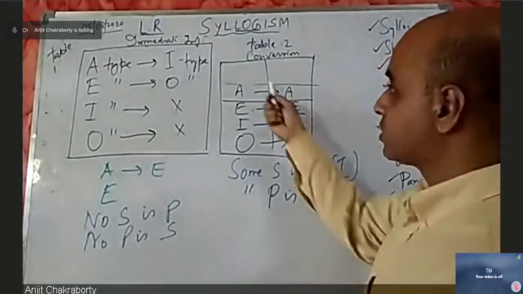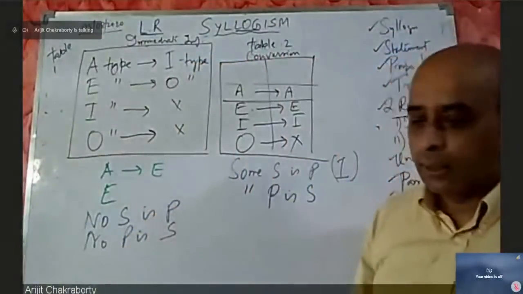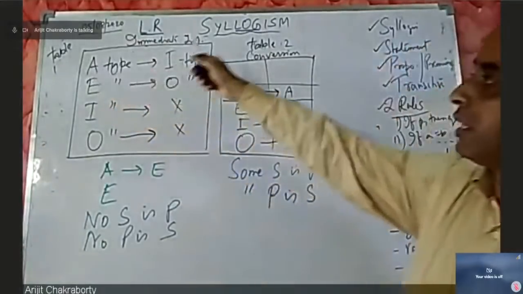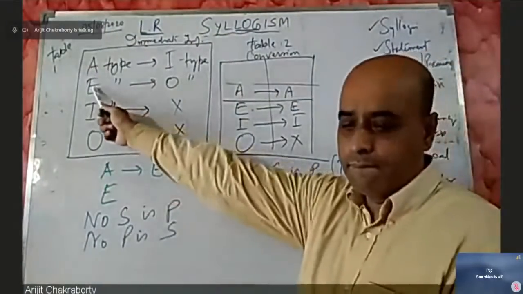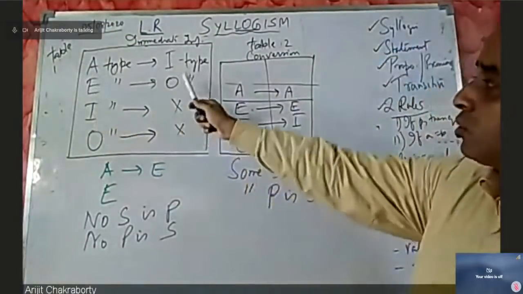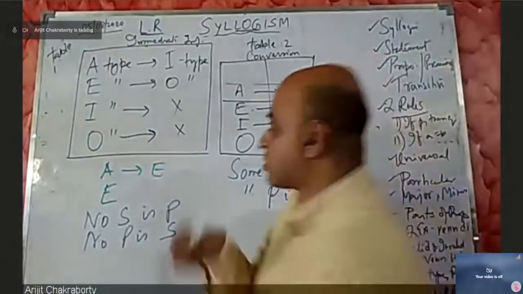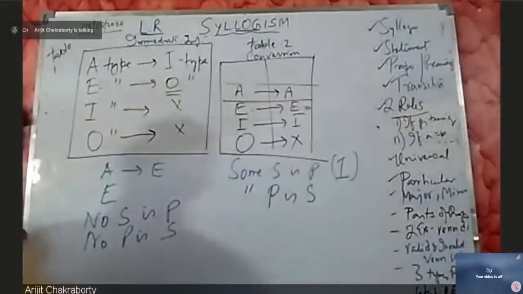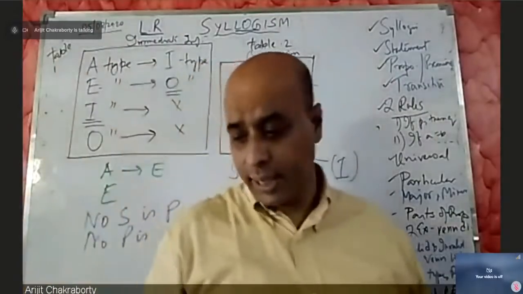So these two tables you need to memorize and know. From A, we can basically convert to I, or A to A. From E, we can get O as well as E type. From I, we can only get I type.